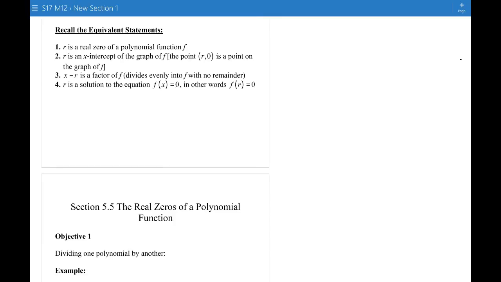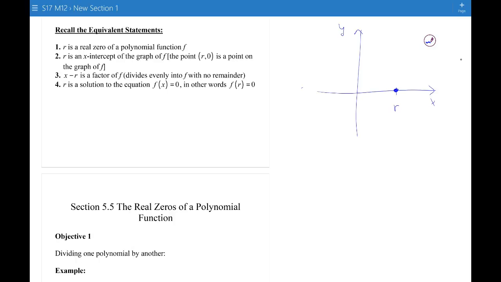So I want you to recall these 4 equivalent statements, and it would be a great idea for you to write them over and over again until they're just part of what you know. So if the number r is a real zero of a polynomial function, then we also know that the point (r, 0) is a point on the graph of the function, and r is an x-intercept of the graph of f. We also know then that x minus r is a factor of f, and being a factor means that you divide evenly into.